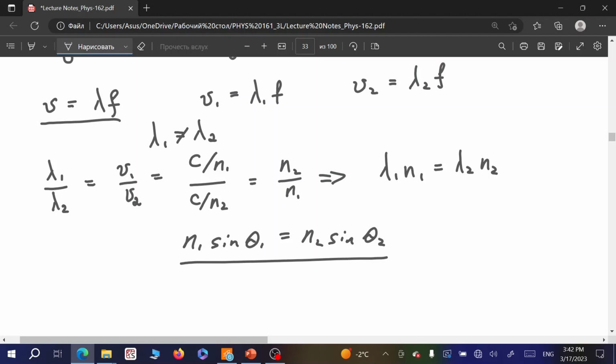So when a light ray reaches the interface between two mediums with different optical properties, two processes happen. First of all, there is reflection of light, where the incident and reflected rays are positioned at the same angle with respect to the normal to the interface.